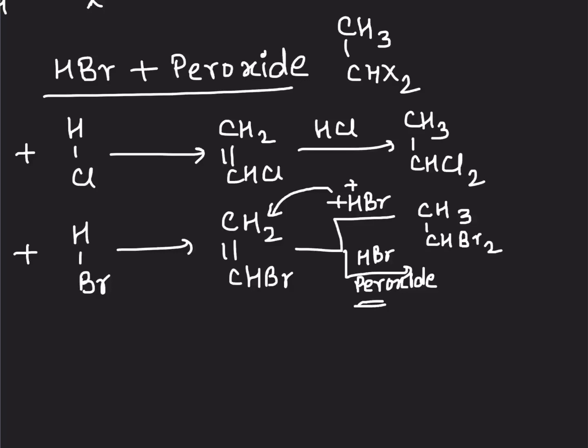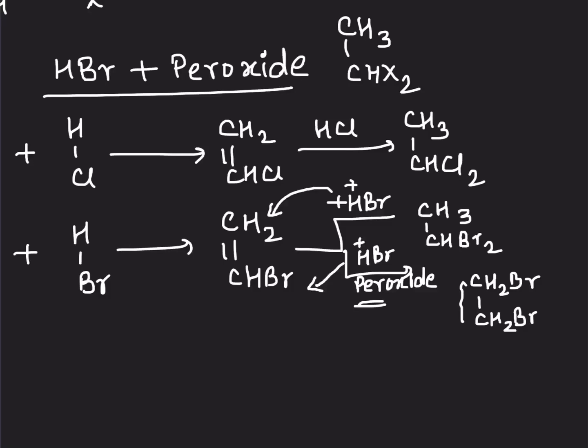On the other hand, if you're carrying out this reaction in the presence of a peroxide, positive part will instead go against the Markovnikov rule. So what we will have over here is CH2Br, CH2Br, right? What is the name given to each of these types of bromides?